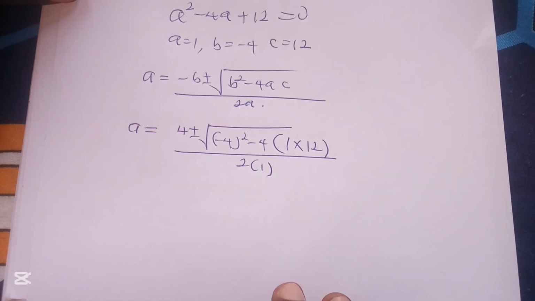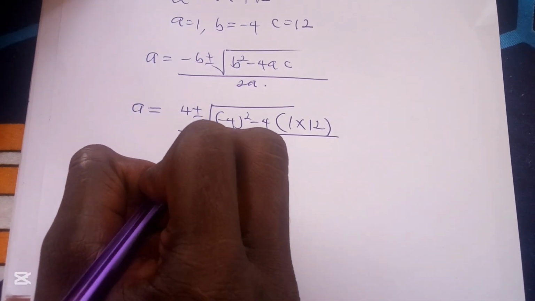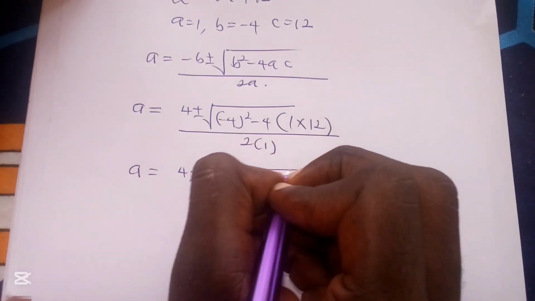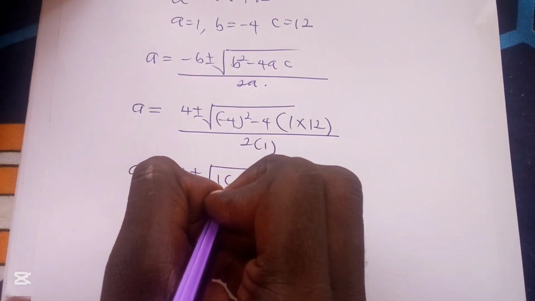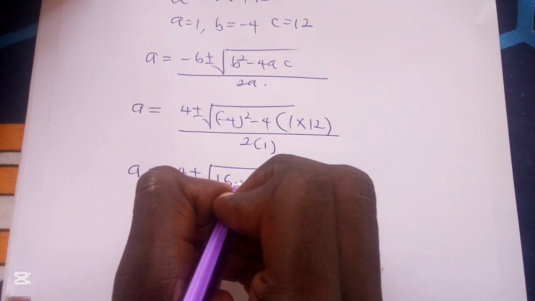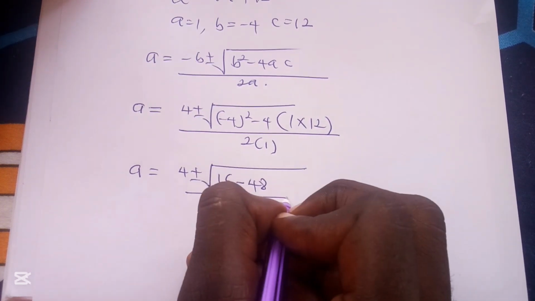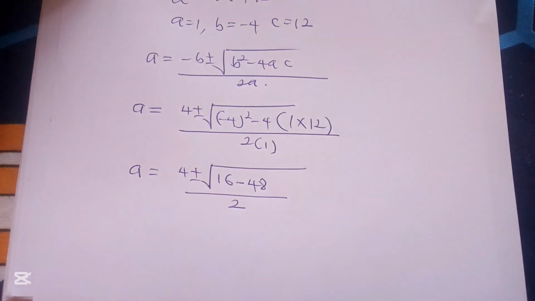Then the value of a becomes 4 plus or minus the square root of minus 4 square, giving you 16, minus 4 times 1, 4 times 12 giving you 48. Then we divide everything by 2, because 2 times 1 gives you 2.